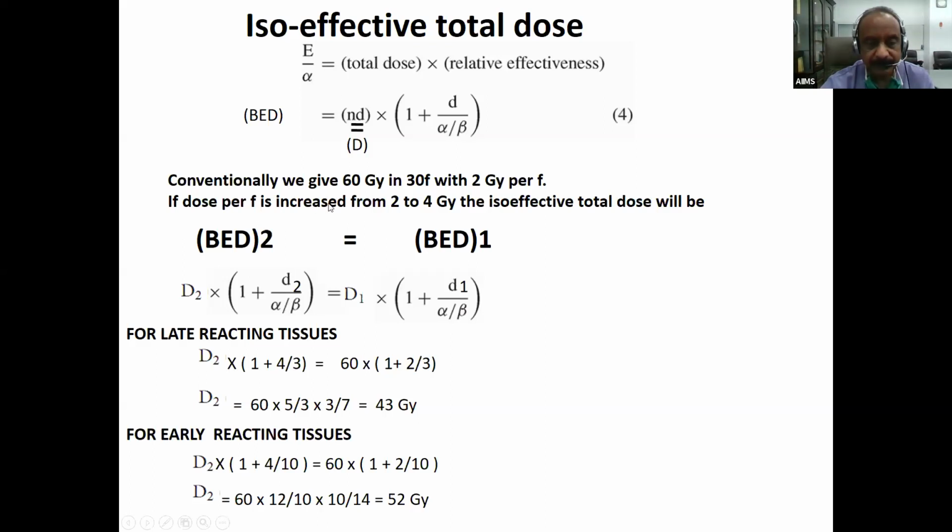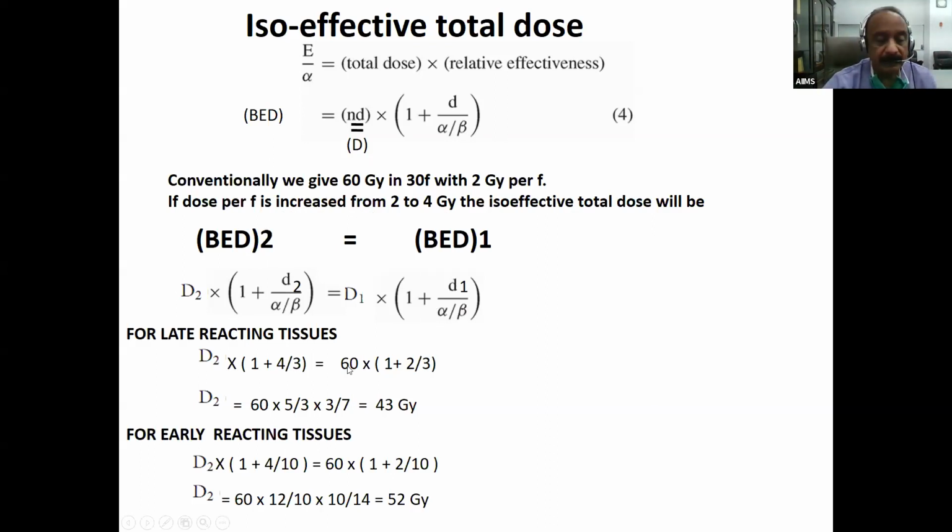If dose per fraction is increased from 2 to 4 gray, then what will be the isoeffective total dose, right? So isoeffective means that both fractionation schemes will have the same effect, which means that biological effective dose of one fractionation scheme will be equal to biological effective dose of another fractionation scheme. And we know BED, this is the formula of BED. So ultimately, this is the expression which we get.